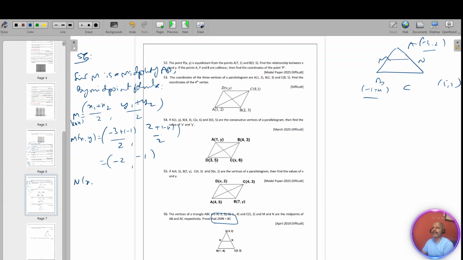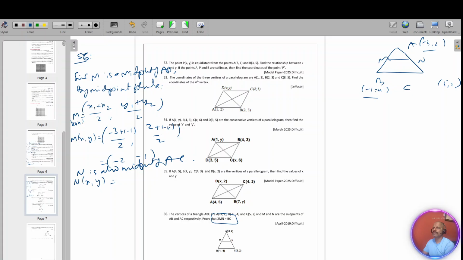Don't write midpoint formula again because it's already there, and you say N is also midpoint of AC. Right? Now you apply midpoint formula for N to get the values of N here. What is the value? Minus 3 plus 5 by 2.